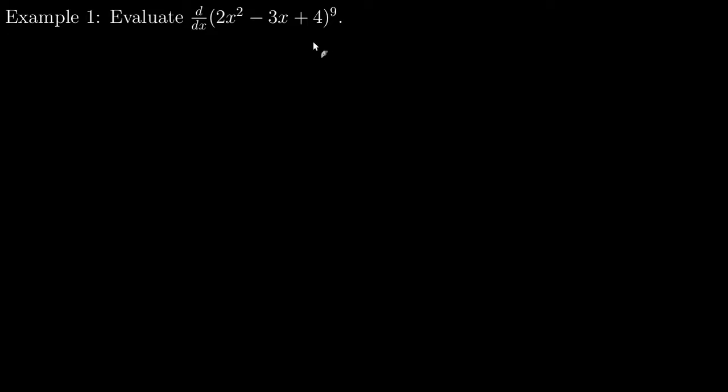I'll consider the two functions. The outer function, now I don't actually write this stuff when I'm doing it, but it can help explain what I'm doing for people that are struggling here. Outer function here is u to the 9th. The inner function is 2x squared minus 3x plus 4.